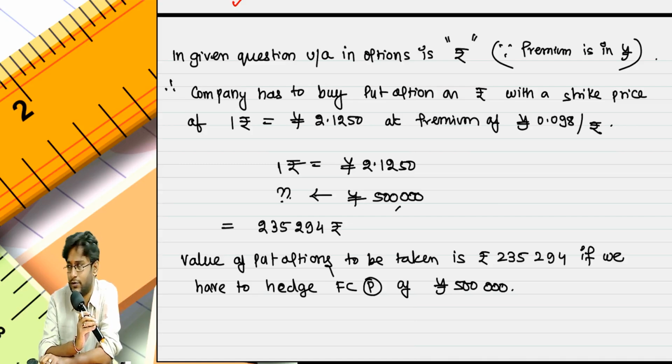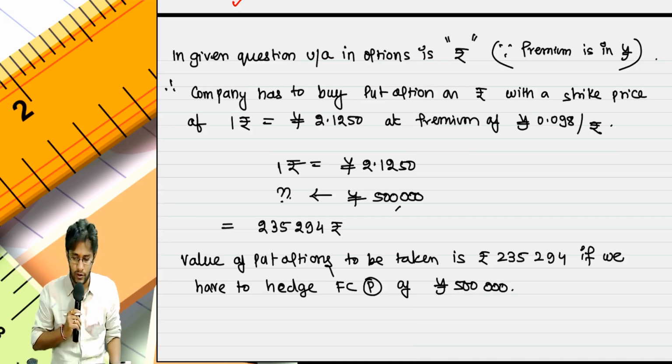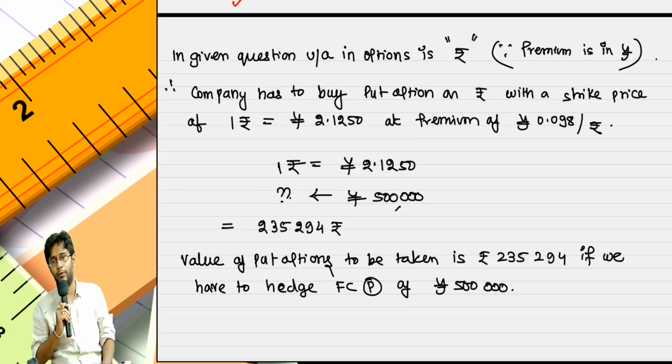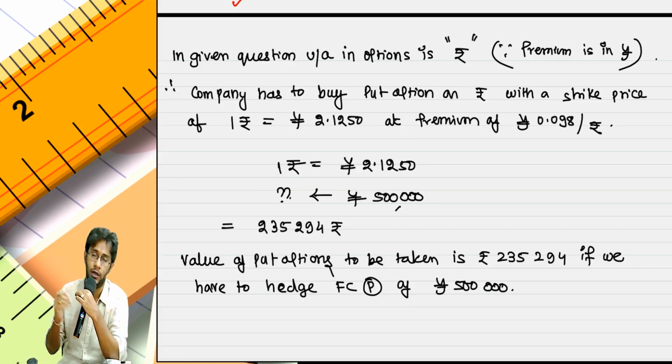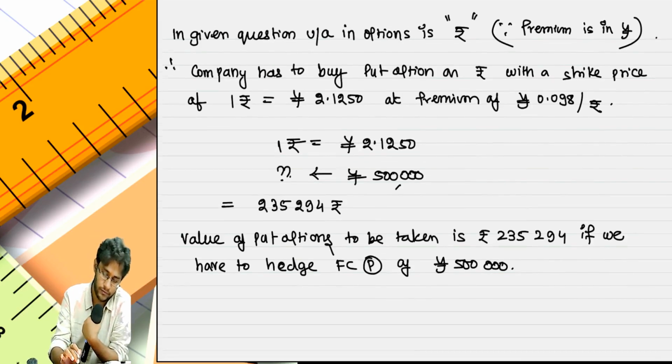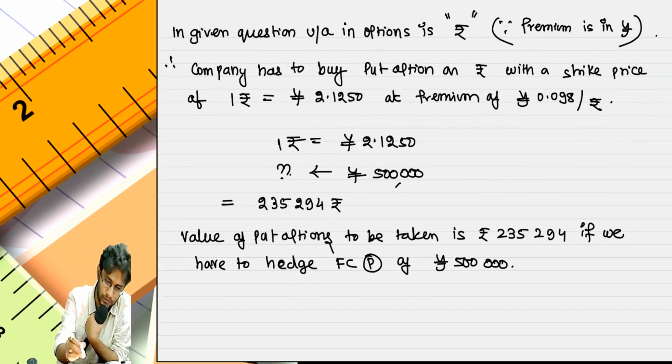lot size is given. Lot size is not there in the question, no. So you will assume that one contract is equal to 1 rupee. So the full 235,294 rupees you will be able to enter. Now I'll work out the option premium.